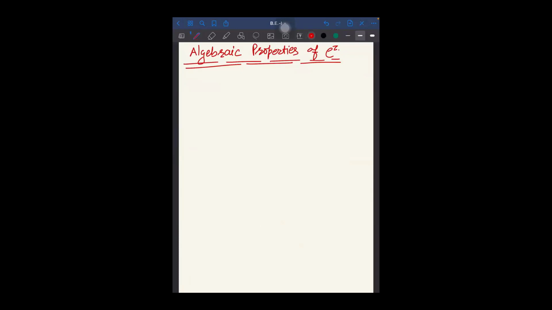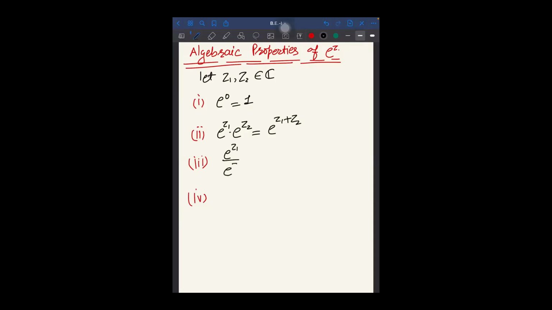So what are the algebraic properties of e^z that I'm going to discuss? Let z1 and z2 be two complex numbers. Then first of all, e^0 will be 1, as we have done in real analysis. And if you take e^z1 into e^z2, that will be e^(z1 plus z2). And if you have e^z1 upon e^z2, that can also be written in this way.